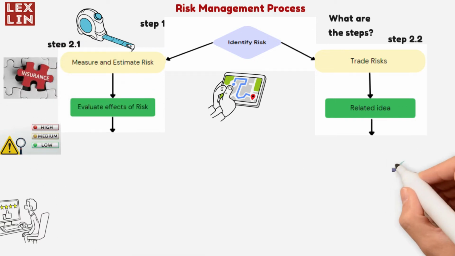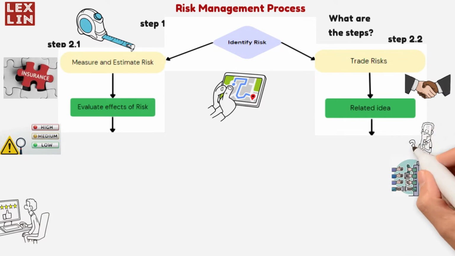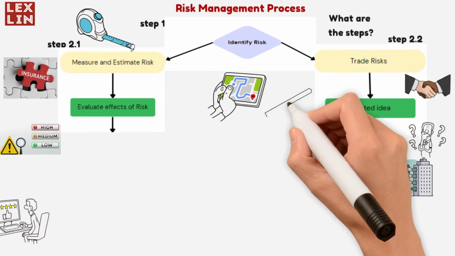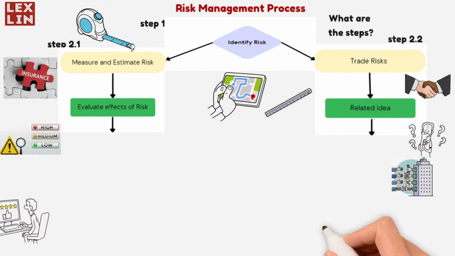So, say for instance, if instead of having that application internally built in your organization, you could have that application built by some other vendor, a third party vendor. So those are ideas when you've identified your risk. Either measure and estimate the risk and evaluate the effects, or trade your risk to a third party in that regard.